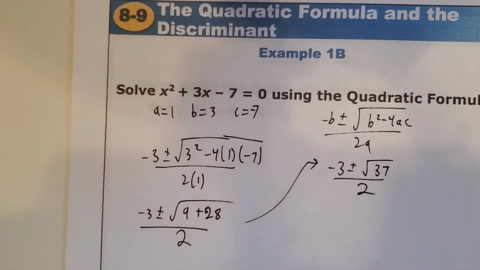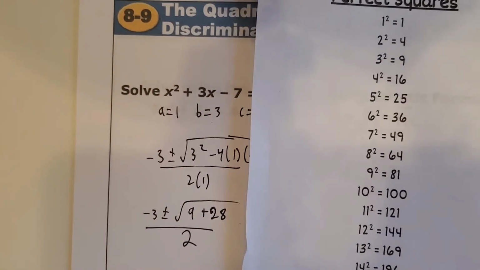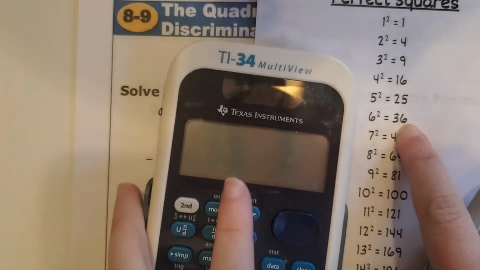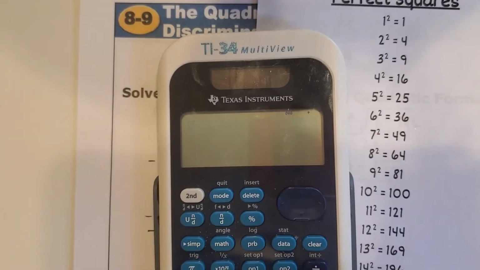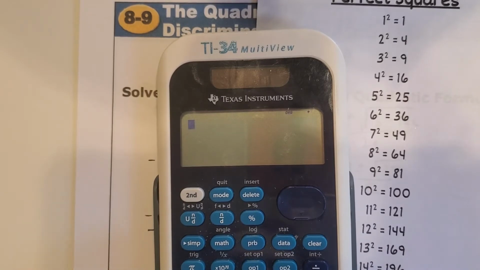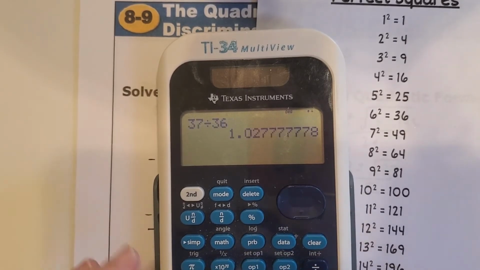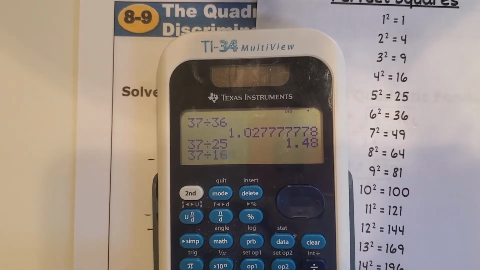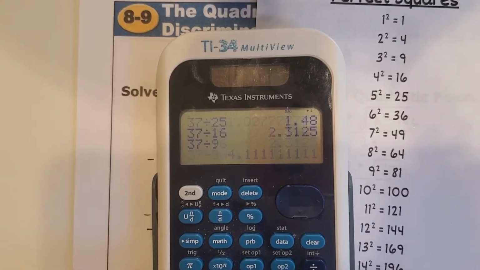All right, so I'm going to bring back that perfect squares sheet. 37 is going to go right here. And honestly, I doubt that 37 is actually going to simplify. But if we just go through the motions, no. Yep.